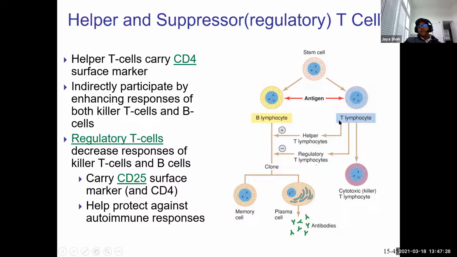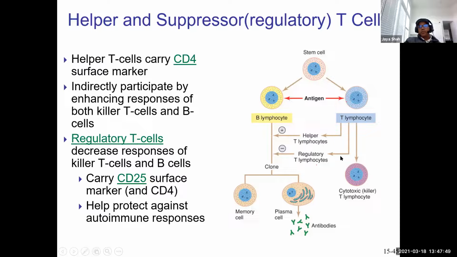After activation, some T cells become helper T cells. Helper T cell helps B cell to make their progeny, clone, and make memory cells, plasma cells, and to produce antibodies.